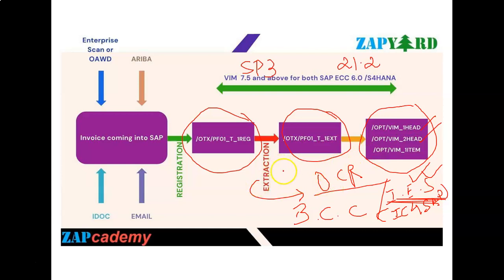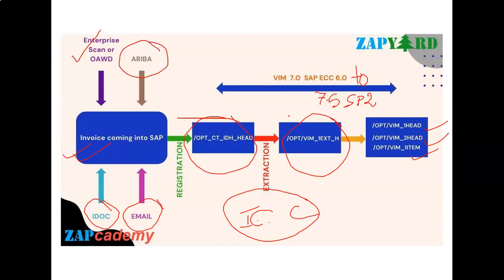Another drastic difference between both the slides with respect to the different versions is, if you want to see the OpenText Business Center, the main transaction that you use is /OTX/PF03_WP. But in this case it is /OTX/VIM_7AX8.